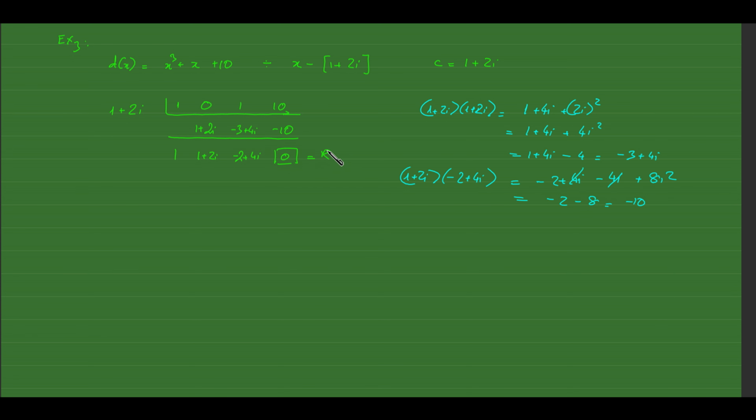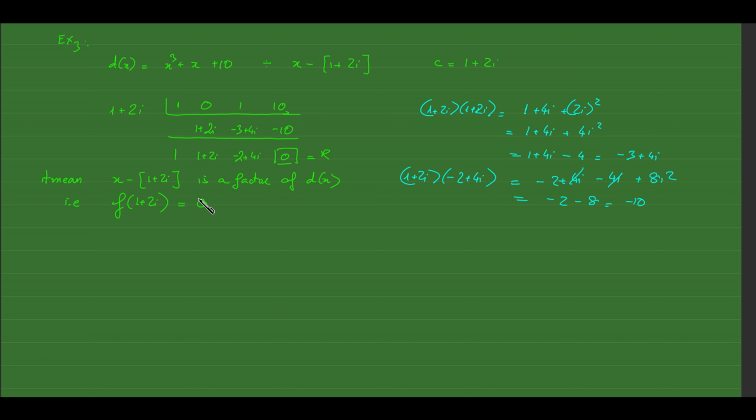Okay, so what does it mean? It means that x minus 1 plus 2i is a factor of d of x. In other words, we can say f of 1 plus 2i equals 0.